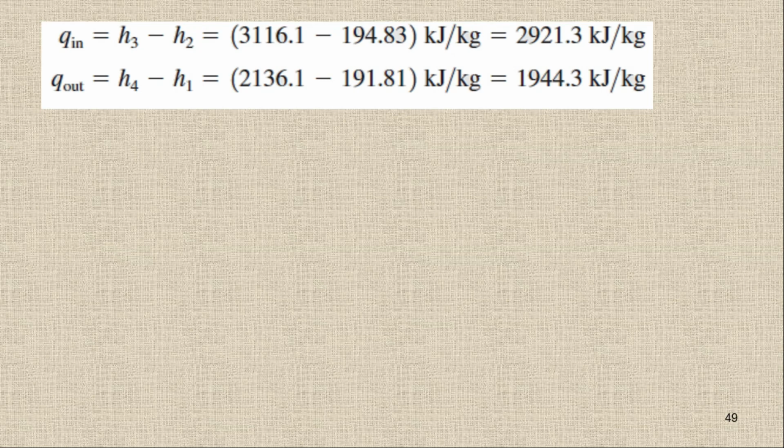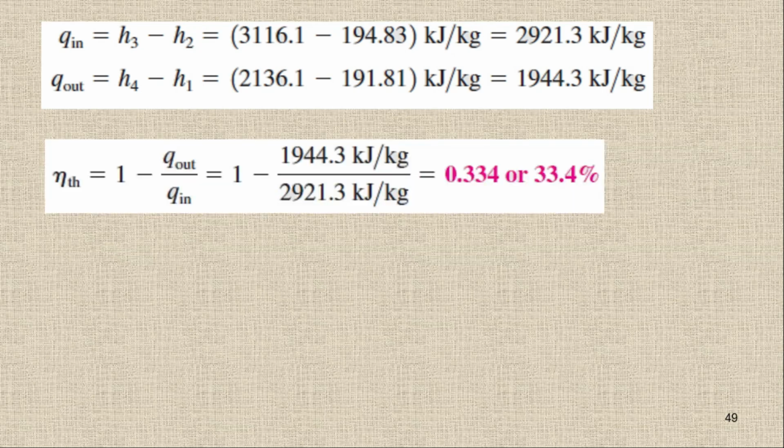When we know Q in and Q out, we can find the efficiency, which is equal to 1 minus Q out upon Q in. Here we are getting an efficiency of 33.4 percent. Remember, in the last question we had an efficiency of 26 percent.